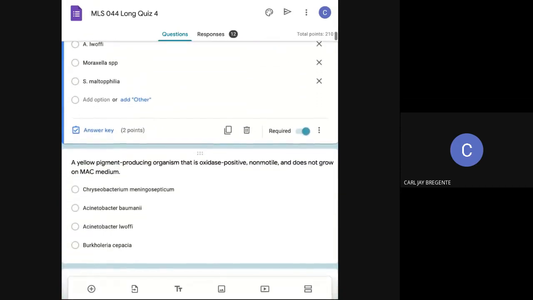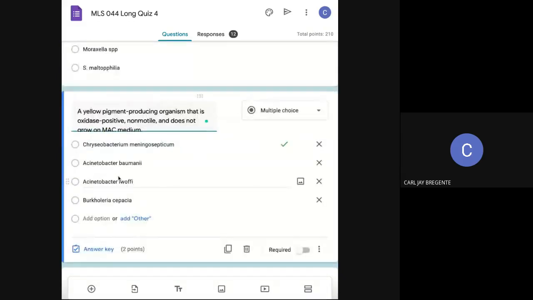Yellow pigment producing organism that is oxidase positive, non-motile, and does not grow on MacConkey agar, that is your Chryseobacterium meningosepticum. The old name of Chryseobacterium meningosepticum is Elizabethkingia meningoseptica, but this is the new name now.